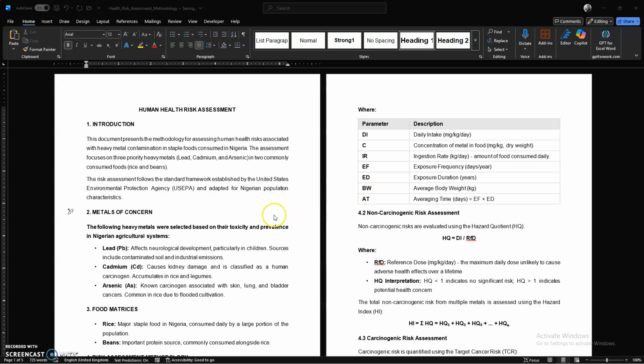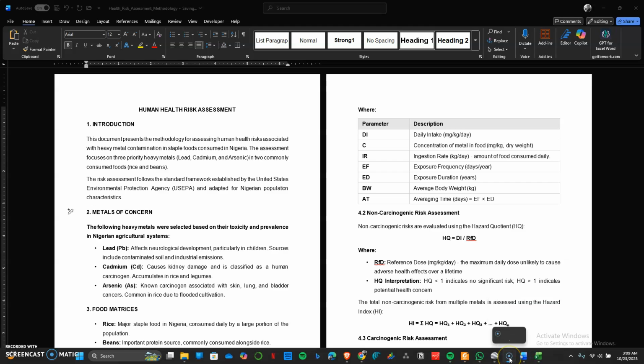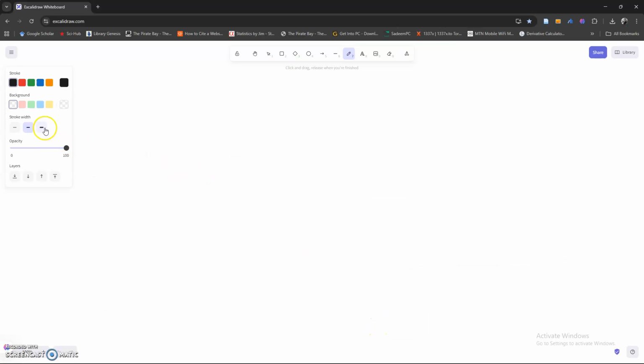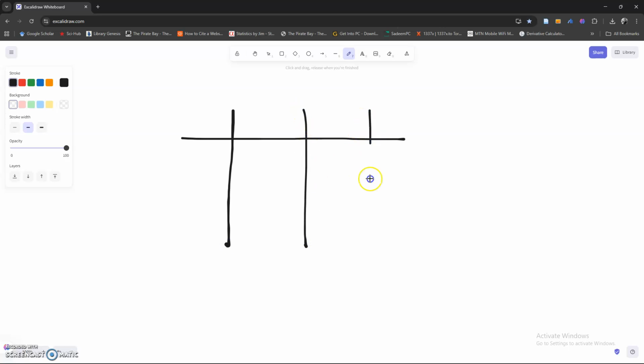So assuming you've gone to the field and you've collected rice and beans from the market, and you're interested in knowing the lead concentration, cadmium concentration, and arsenic concentration. All you have to do is go to the market and collect the rice sample.